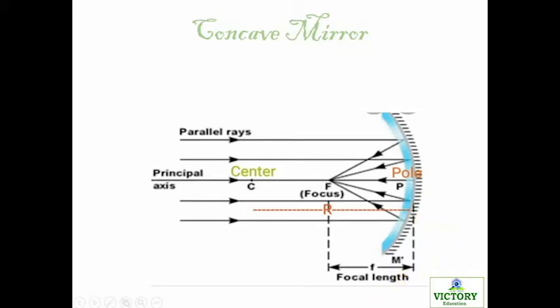Any ray which goes along C, F and P, you call the principal axis. The distance between point F and P you call the focal length. The point P is called the pole. You want to remember these terminologies, which are very important when you deal with mirrors.